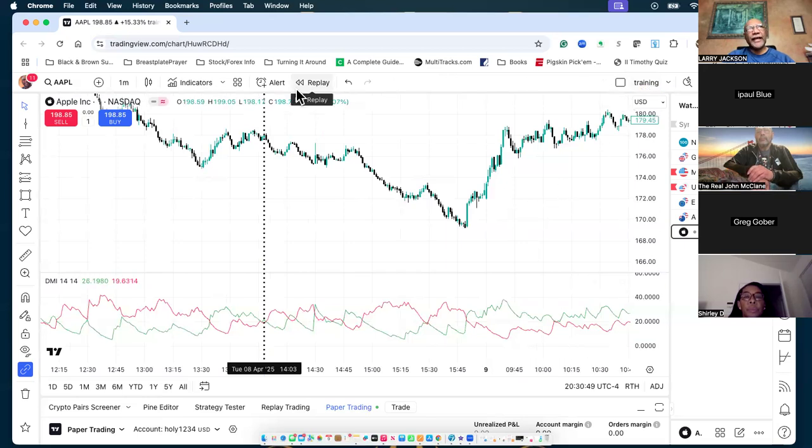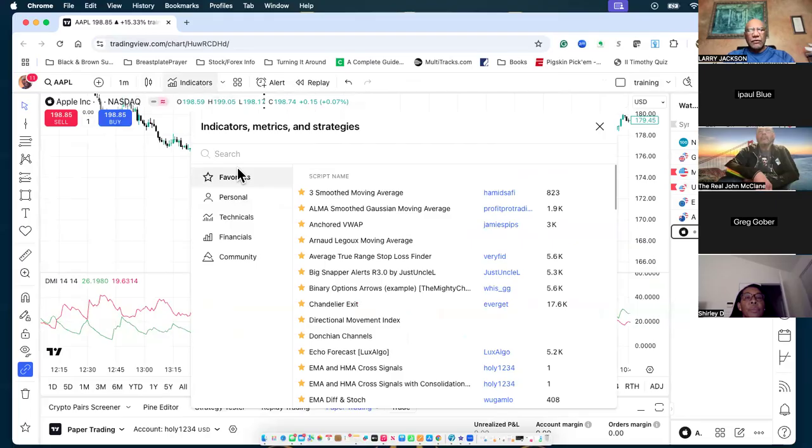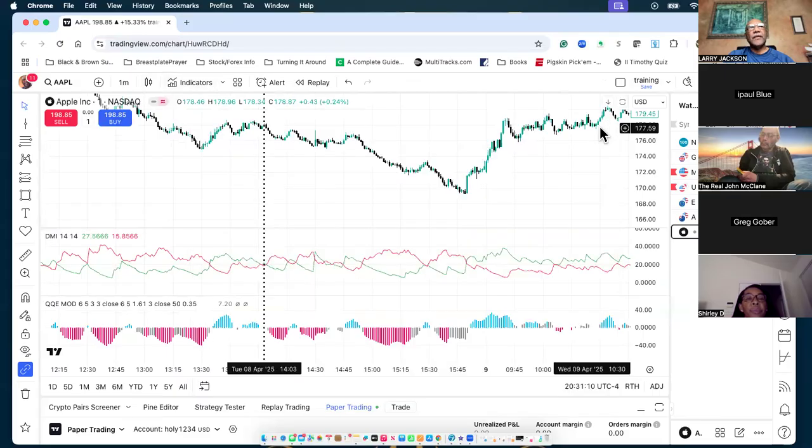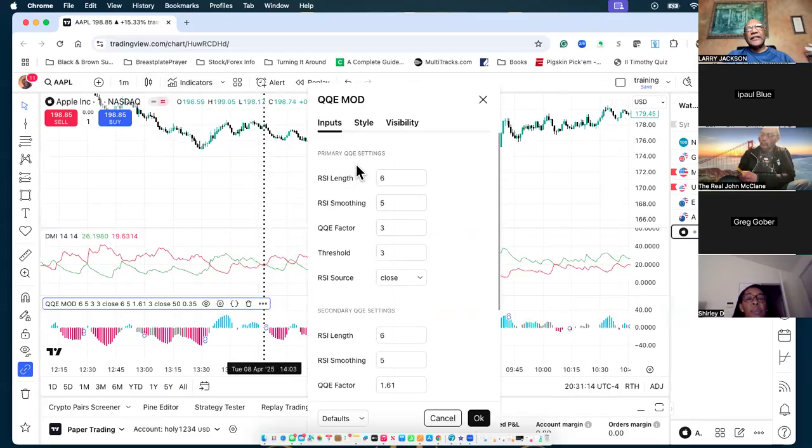Now add to that, because you want some confirmation, the QQE mod. Notice right here, QQE mod. You're going to add that. All right, boom. When I put that on the chart, I usually leave it pretty much at its default settings also.